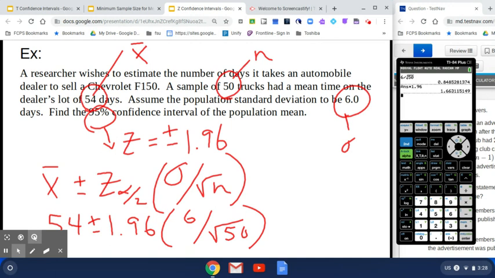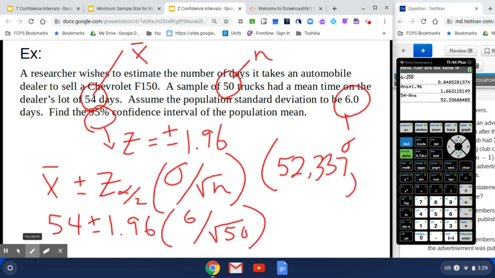So I'm going to be adding on and subtracting off 1.663 from 54. So if I take 54 minus that number, I get 52.337.